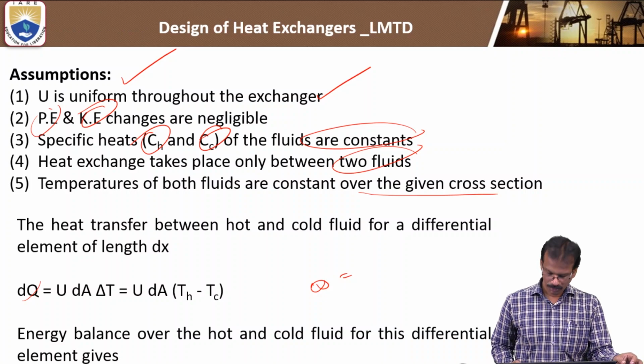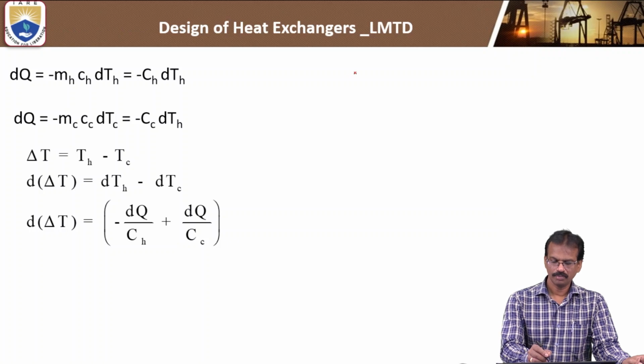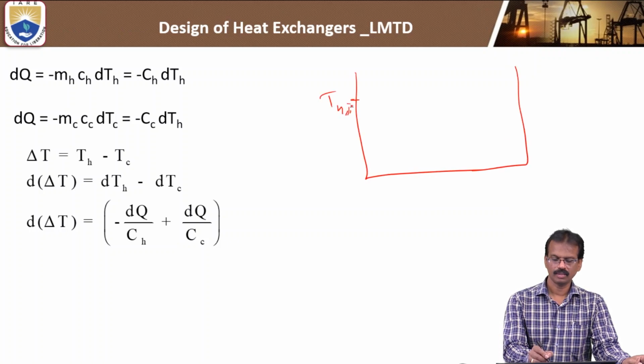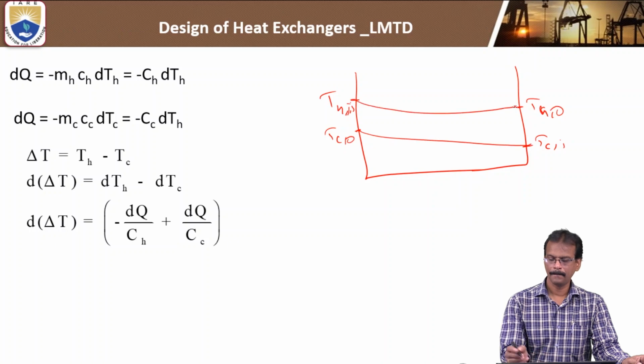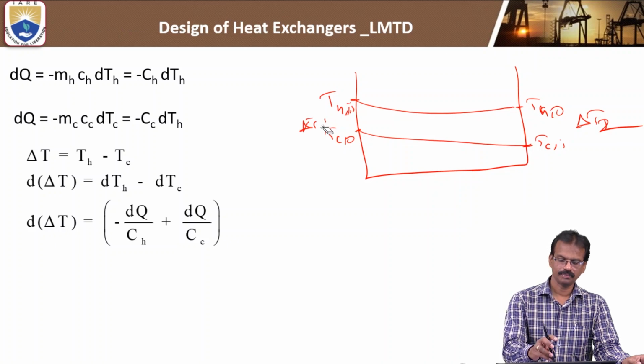So basically we take a small elemental area. This is the hot fluid inlet, hot fluid outlet, cold fluid inlet, cold fluid outlet. This one is delta T1, this one is delta T2. We are taking the small elemental area for this one.